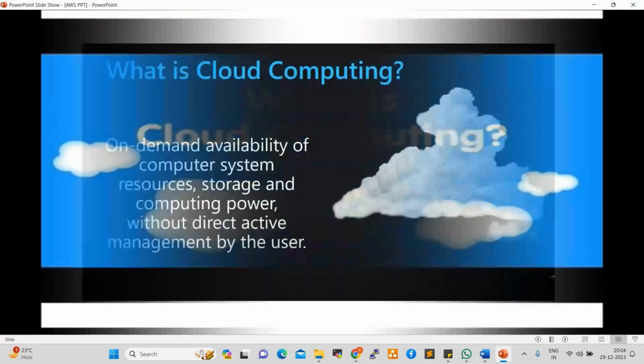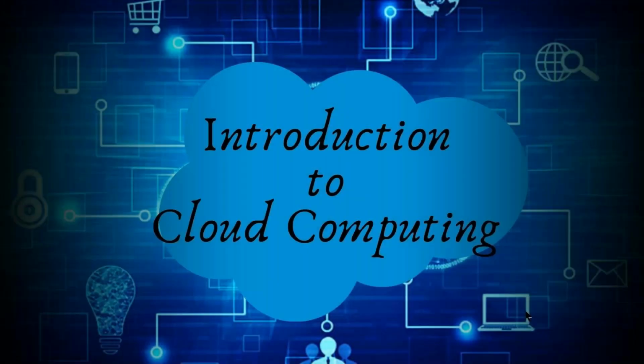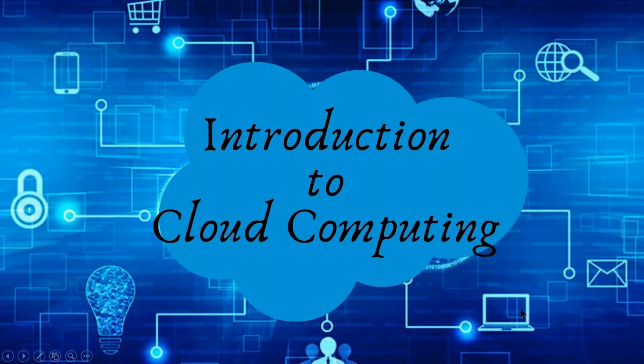So this is a definition. It is the on-demand availability of computer system resources, storage, and computing power without direct active management by the user. What is on-demand? We discussed it already in the last session.